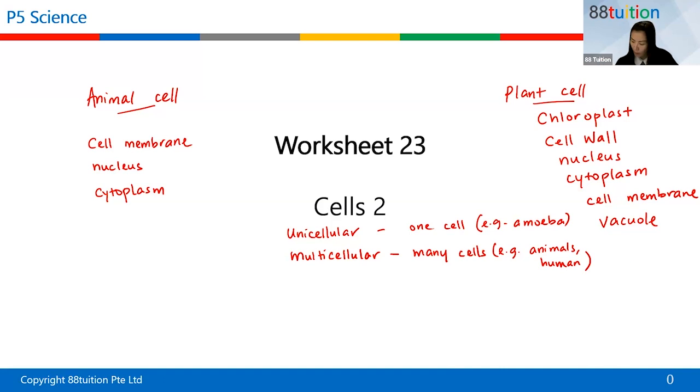Now, what was I saying? Something special about the plant cell, because of the parts that it has. Can you mention something about the plant cell that you know? I see many of you typing already. Good.